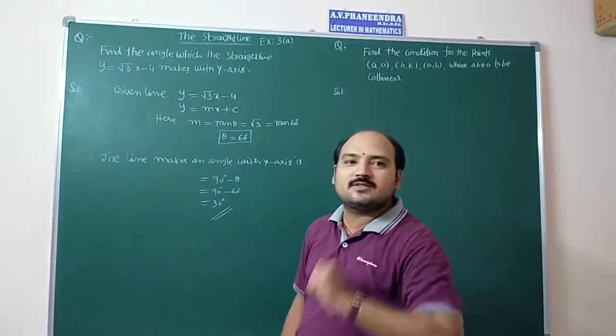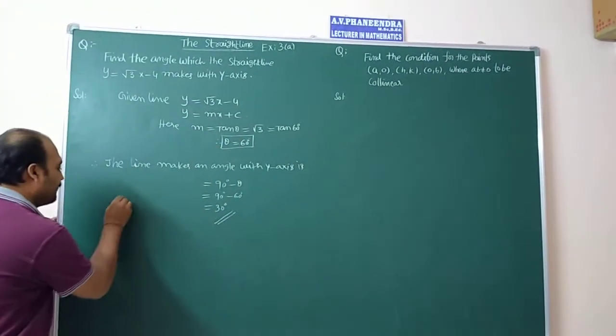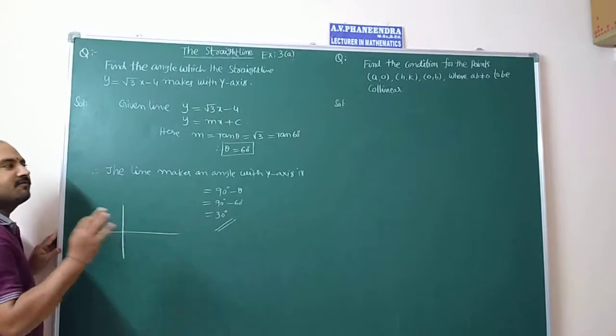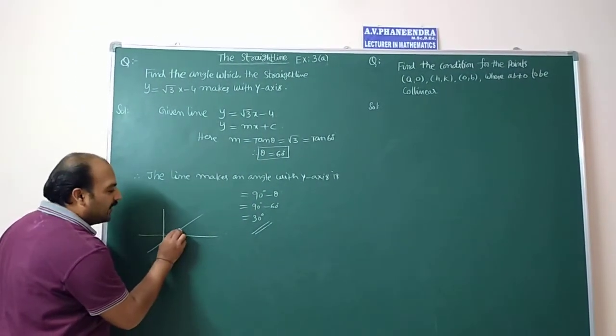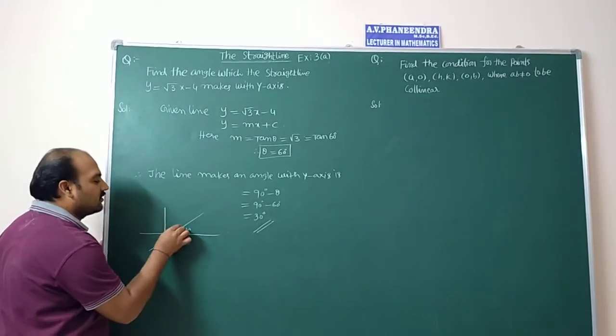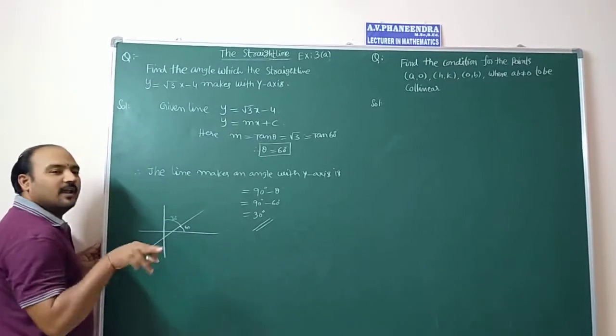How is it 90 minus theta? Just draw a rough diagram. This is the line. This line makes an angle of 60 degrees. The rest of it is 30.